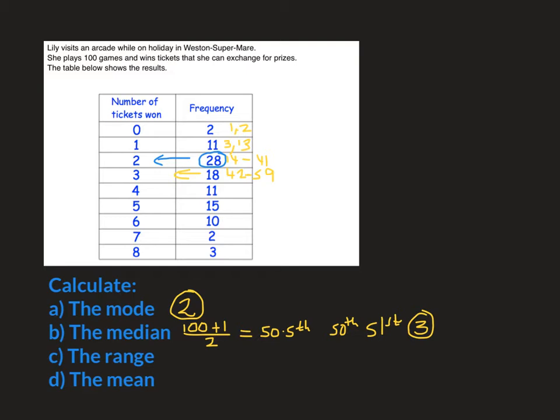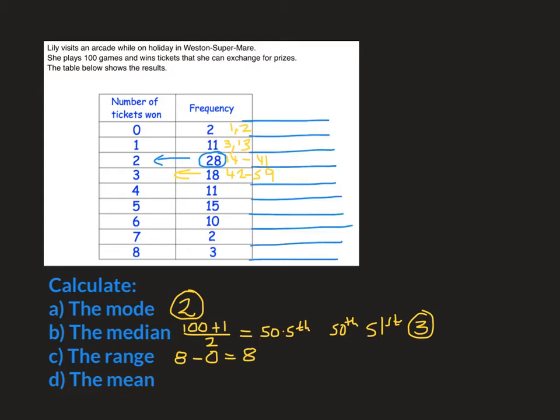Right, the range. The most she won in any one go was 8. The minimum she won was 0. So the range is 8 tickets. And finally the mean. Remember, for the mean, we have to add this extra column in.